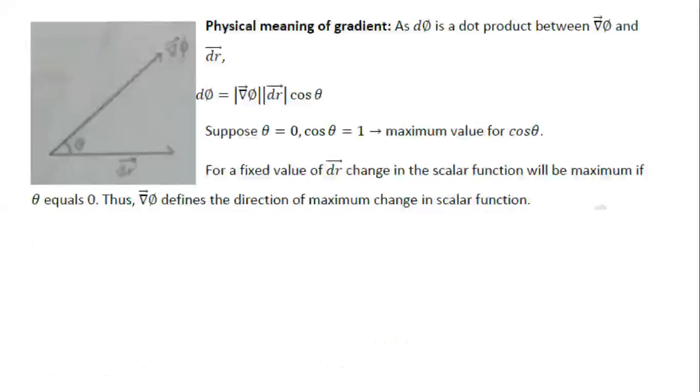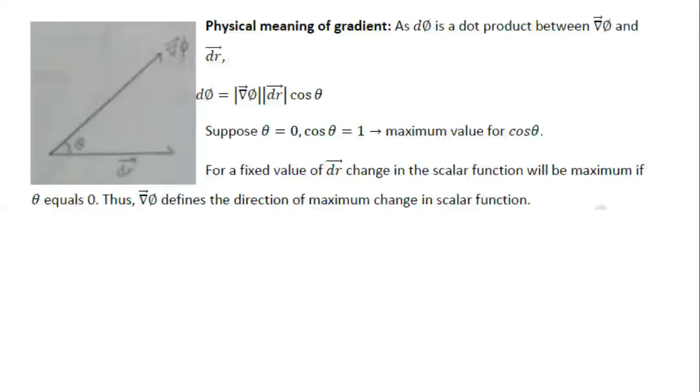So this is where we ended our previous lecture, where we discussed the physical meaning of the gradient of a scalar function. What we concluded was that the gradient of a scalar function defines a direction in which we have a maximum change in the function.